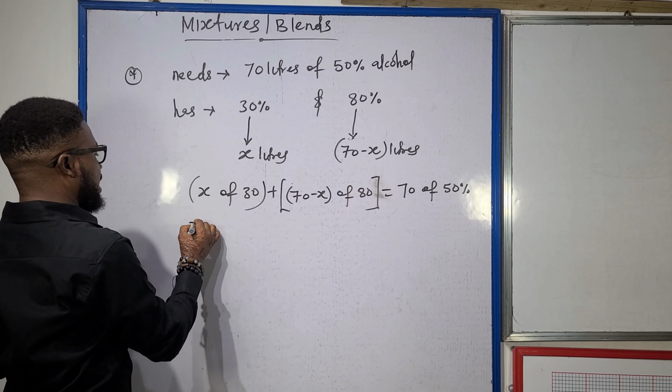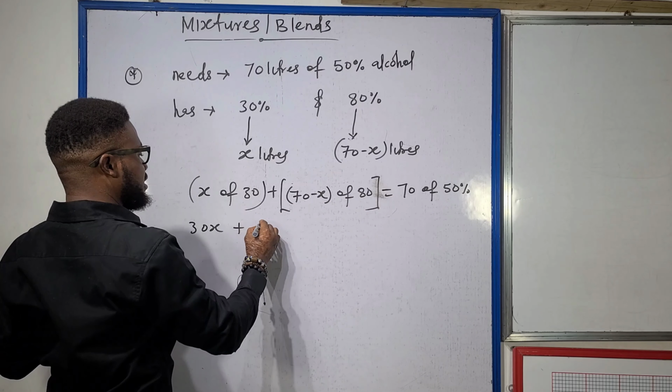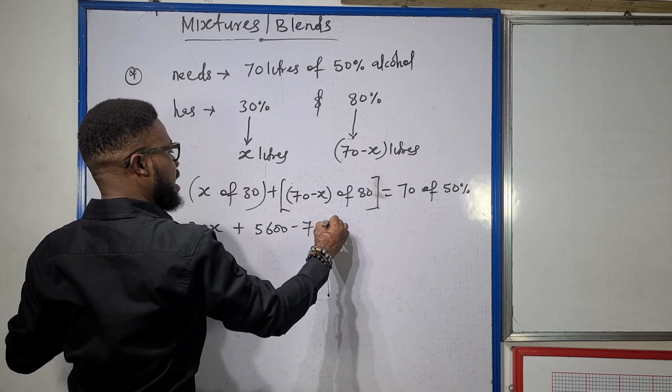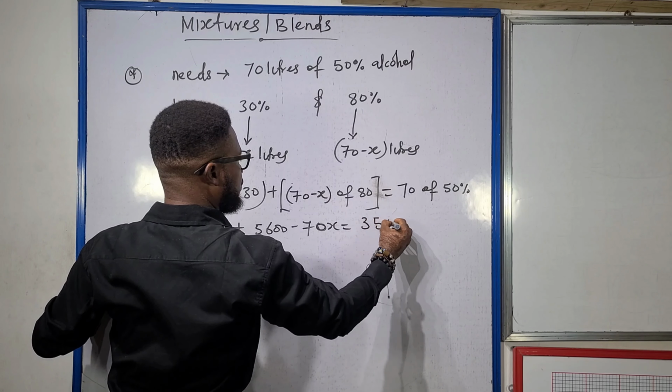This means 30x plus 70 times 80, that is 5,600, minus 70x equals 70 times 50, 3,500.